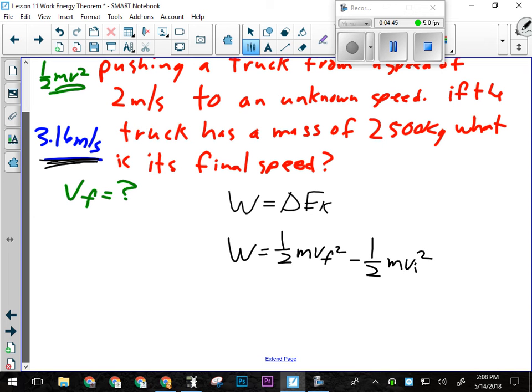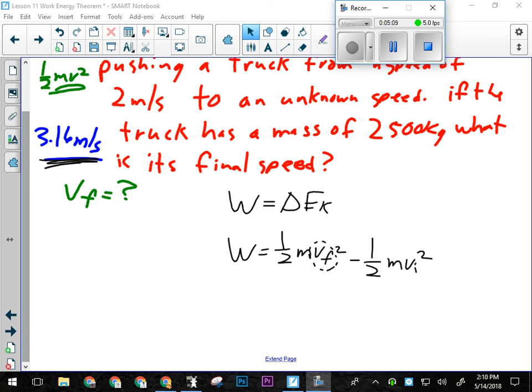That's what's being set up here. We have an initial kinetic energy and a final kinetic energy. What we don't know is this number, the unknown final speed of the truck, that's the number we need to find. I'm going to give you a couple more minutes now, see if you can isolate that and solve for it.